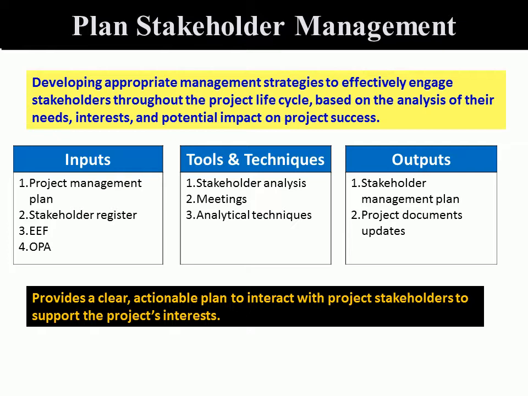The operative word here is strategy. Depending on the level of influence and the level of concern that the participants have, we now will develop a strategy in order to treat with them. So the primary output here is the stakeholder management plan.